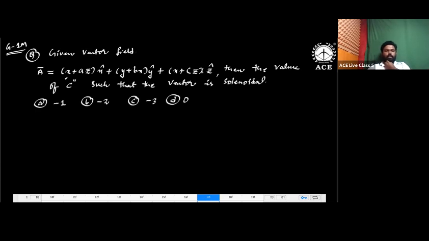What is the answer for this? Yes, yes. It is solenoidal. Solenoidal means what? Divergence is 0.